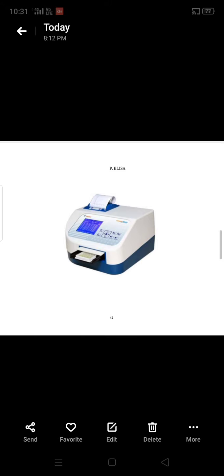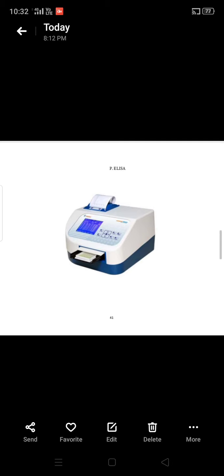Procedure: generally, ELISA is a 5-step procedure. First one, coat the microtiter plate wells with antigen. Second, block all unbound sites to prevent false positive results.